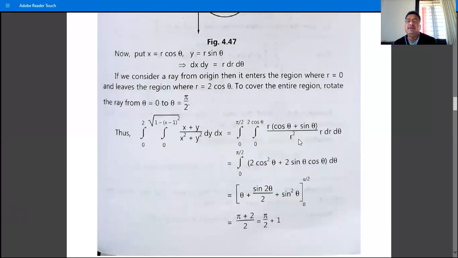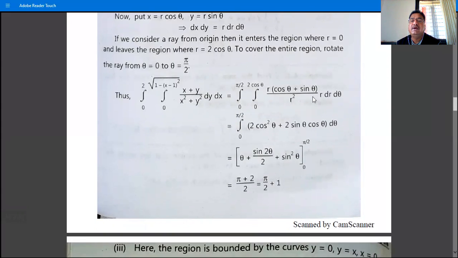So these are the lower limit and upper limit, and then substitute x and y as r cos theta and r sin theta. Okay, we have this, and then integrating with respect to theta, the integration of cos theta is sin theta, and of sin theta is minus cos theta, then the value at the upper limit minus the value at the lower limit.